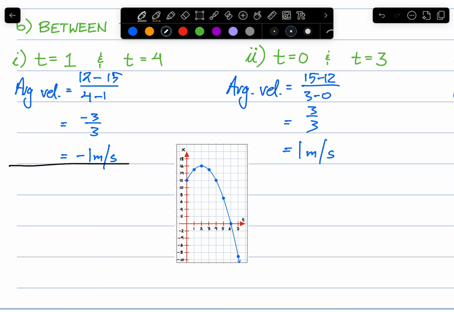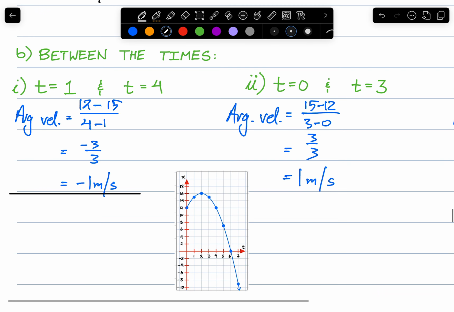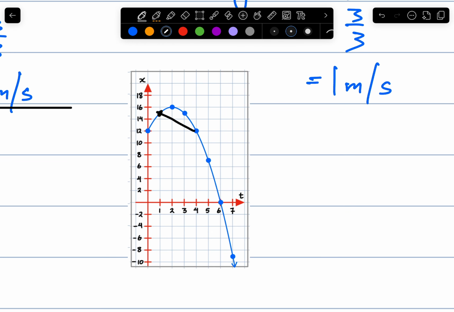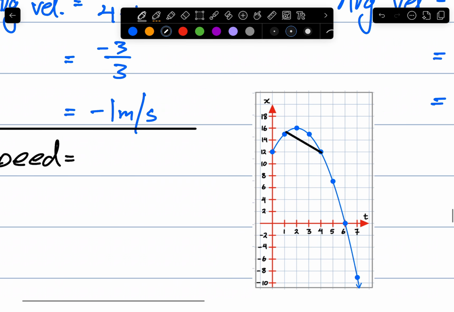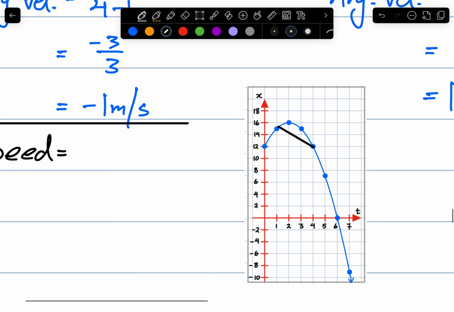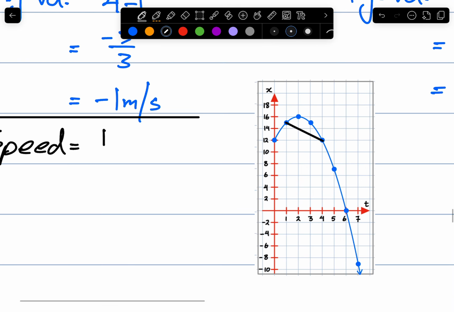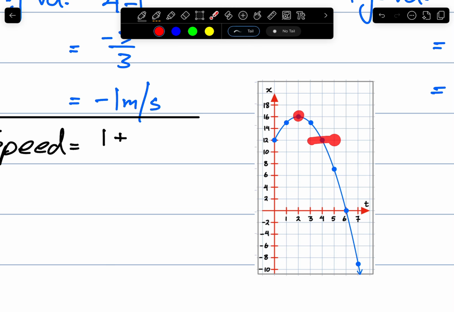For the speed of these, between 1 and 4 seconds, you can see the average velocity is a negative, but because it's distance traveled, we need to go from, it went from 15 up to 16, so that's 1 meter, plus, and then from 16 down to 12, so it's another 4 meters.